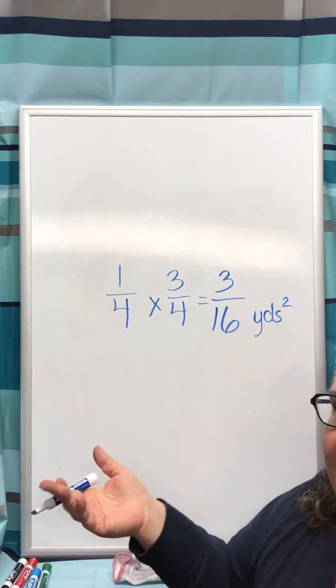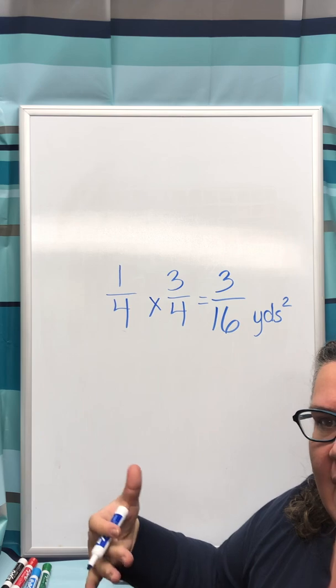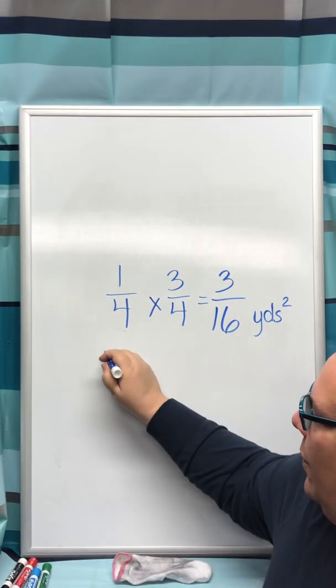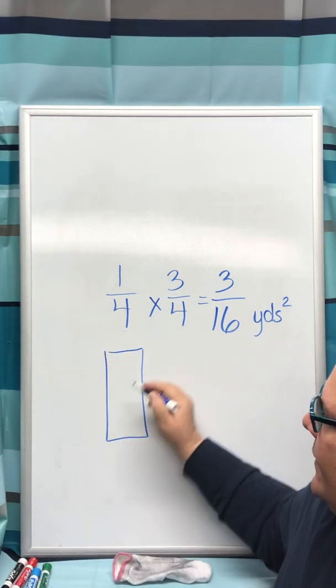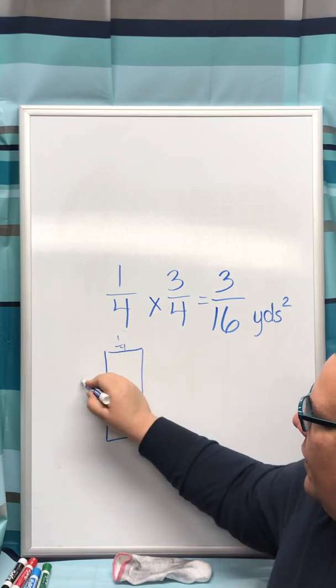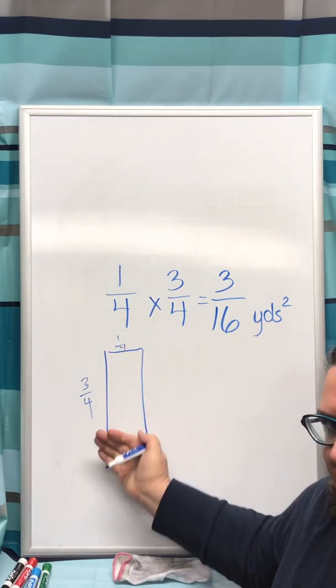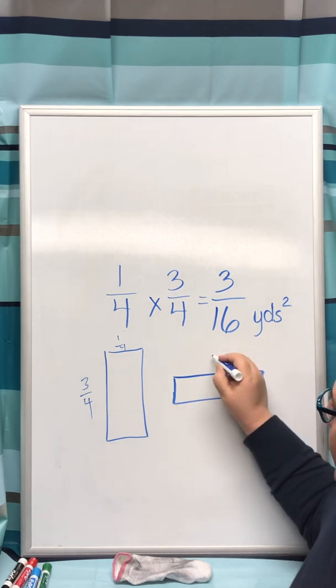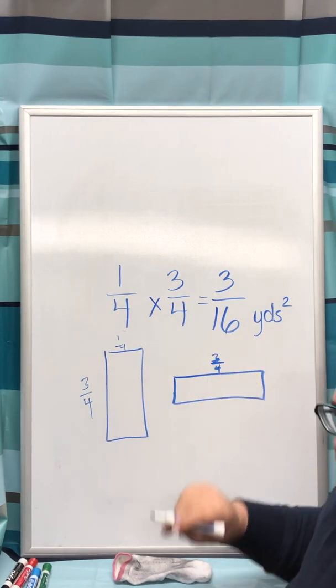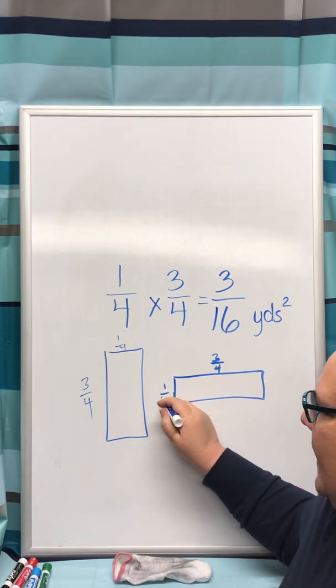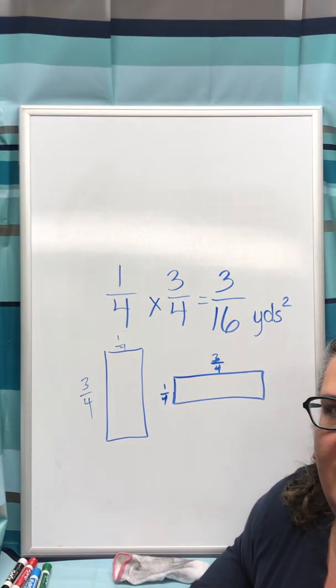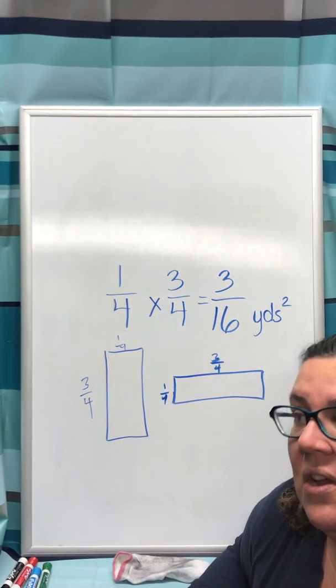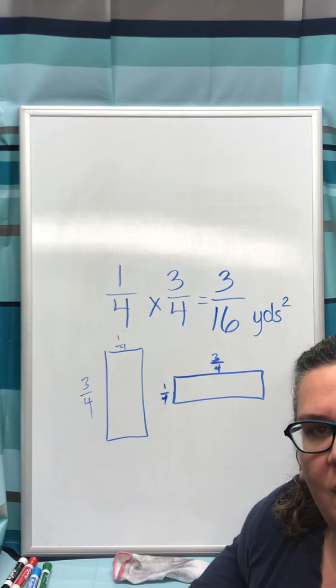If we flip it around and hold the poster in a different direction, the first time I was looking at it this was my 1/4, this was my 3/4, and I found the area. If I hold it this way instead, and the top is now my 3/4 and my side is 1/4, is it going to give me the same answer, or a different answer? That's all they're asking.